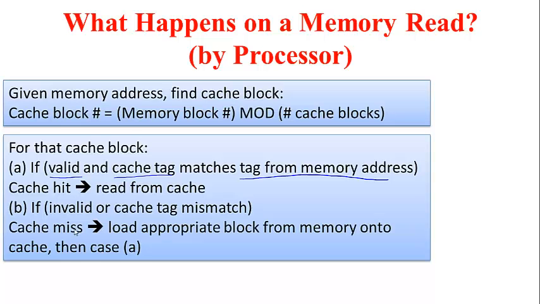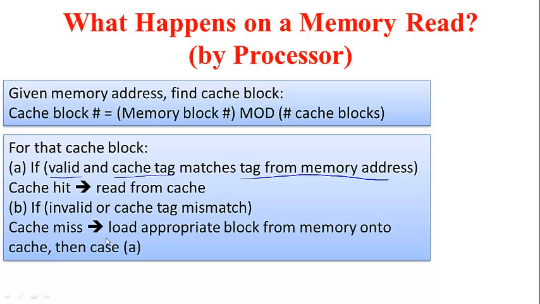On the other hand, if the earlier condition check fails, that is, if the valid bit is not set or if the cache tag is not matching, that means that that particular cache block does not have the data that we are looking for. This is an indication of a cache miss, in which case we need to load the appropriate block from memory onto that particular cache block and then go back to the case of cache hit.